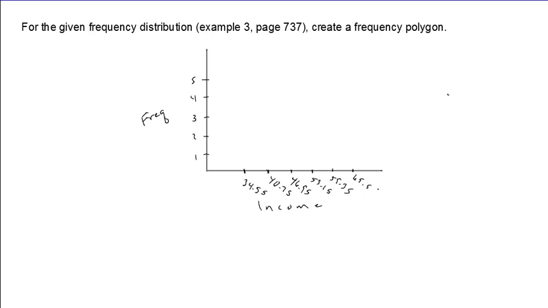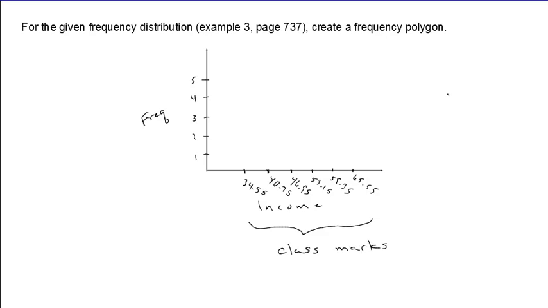So this x and y axis is the exact same thing, whether you are creating a frequency polygon, which we are going to do now, or a histogram, which we did previously. So all of these 6 marks are the class marks again. Same exact process as we did in the previous problem.